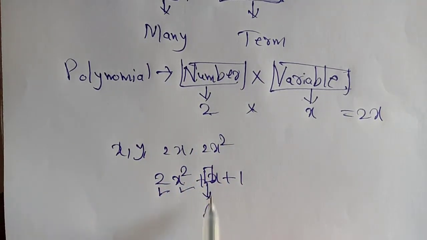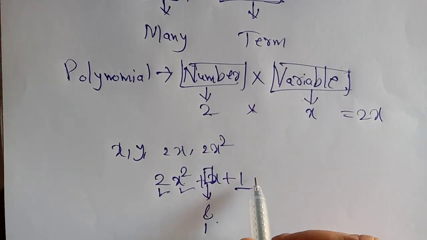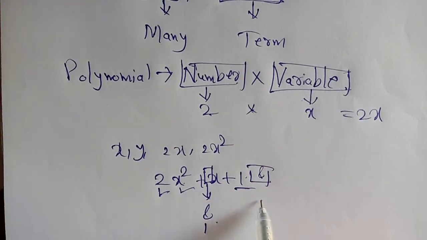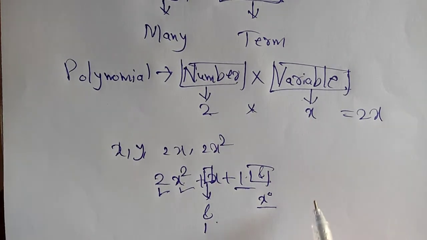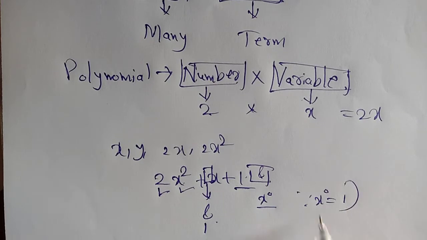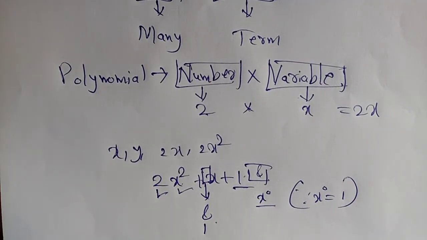But students, you have to understand that nothing there means 1 is there. Again in this term you may think that there is no variable. Here also, nothing there means x to the power 0 is there. And one more thing you have to understand: x to the power 0 gives the value of 1. These things we have to understand.